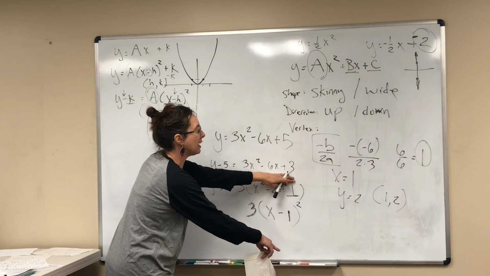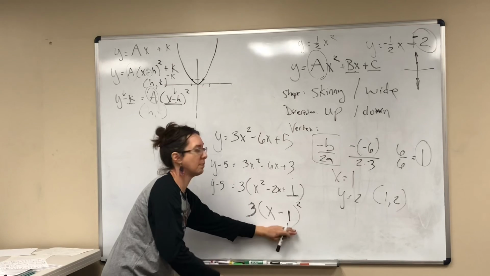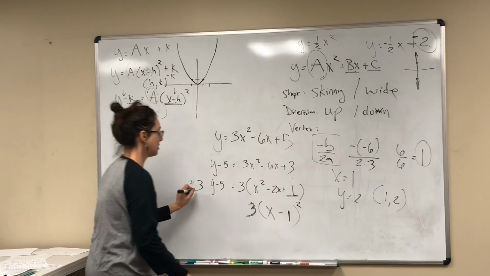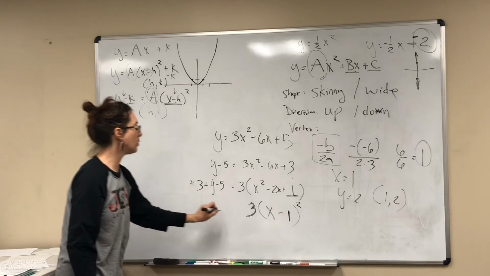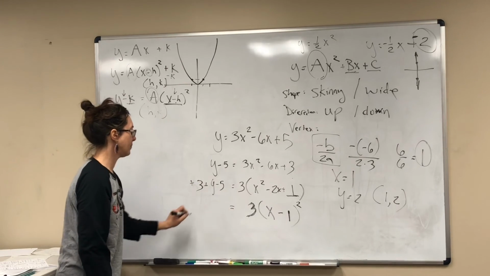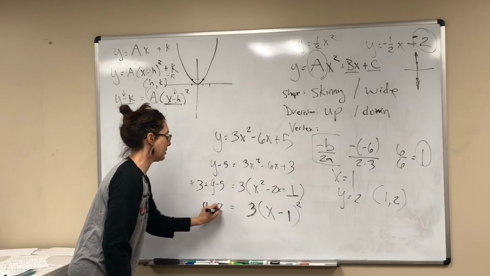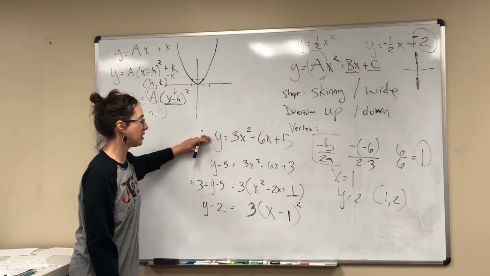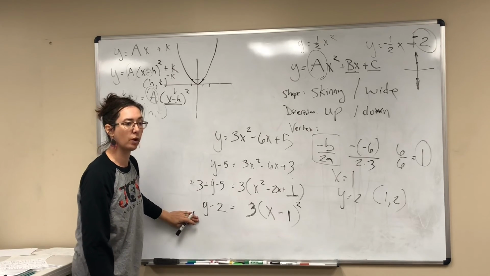So since I really added 3 up here to make my way down here, I have to add 3 to the left side, okay? So what do I really have on the left side now? Y minus 2. Okay, now I have my standard equation in vertex form.